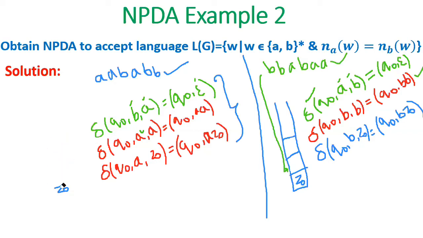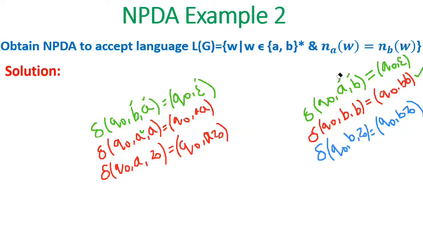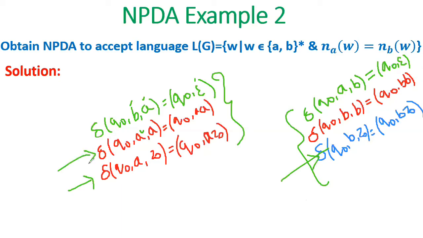That means whatever the transitions you have got here, this as well as these transitions will be the set of transitions to handle either if it is starting with A or if it is starting with B. If the top of the stack is A and the reading symbol is A, if the top of the stack is B and the reading symbol is B. If B is the new symbol that you are reading and A is on top of the stack, and this is opposite to it.